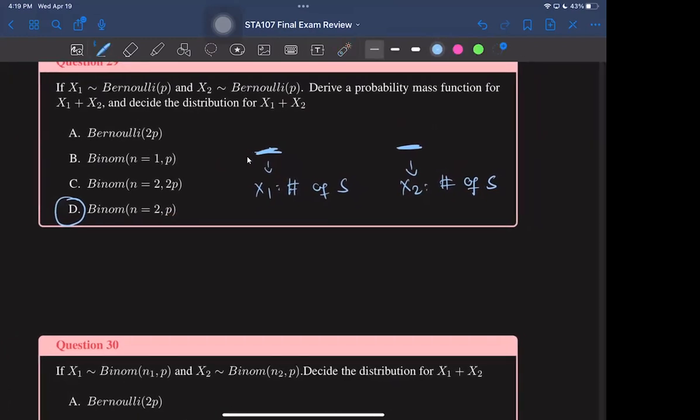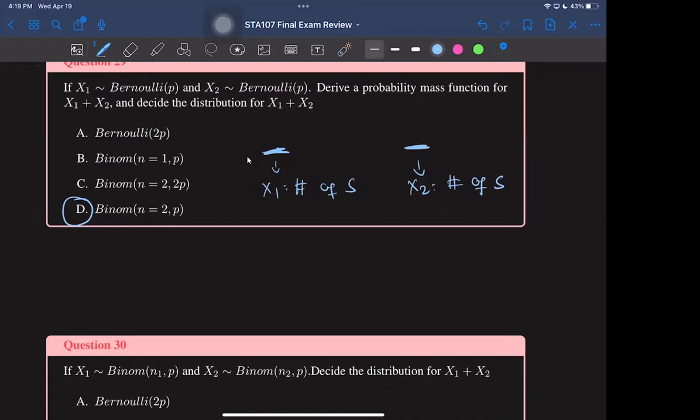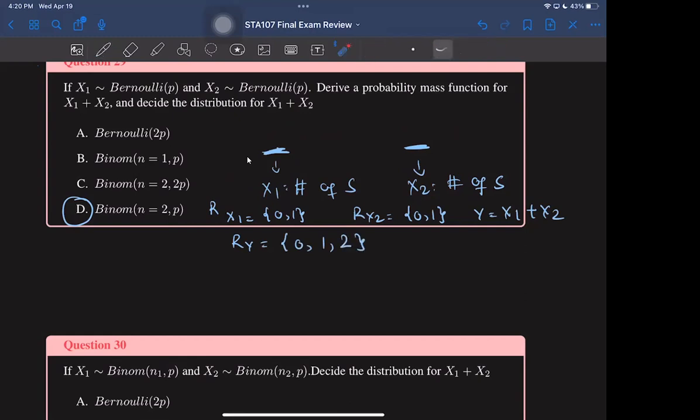And if you want to construct a probability mass function for it, let's first look at what are the possible values of X1. The range of X1 is 0 or 1 because X1 is Bernoulli. The range of X2 is also 0 or 1 because X2 is also Bernoulli, which means when you take X1 plus X2, let's denote it by Y equals X1 plus X2, then the range of Y is 0, 1, or 2, right?